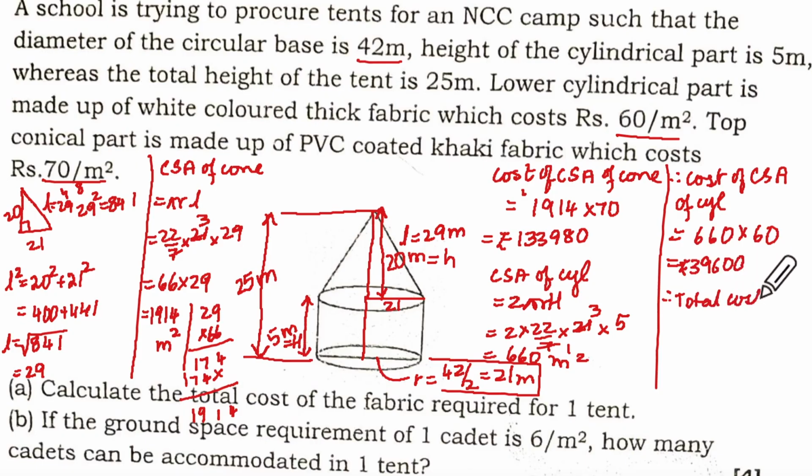Therefore total cost of 1 tent is equal to rupees 133,980 and 39,600. 600 and 39.